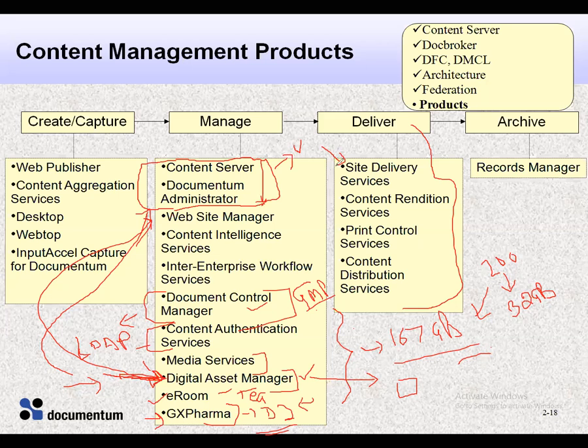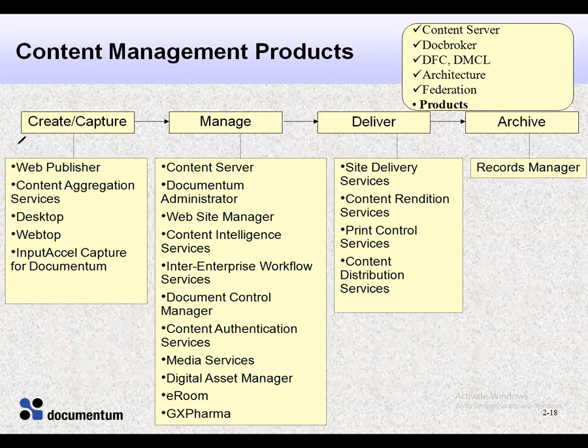Similarly, site delivery services are again about the website. For example, let's say this is my website, and you want this section to be displayed or not. Whatever content is displayed here should be reviewed.